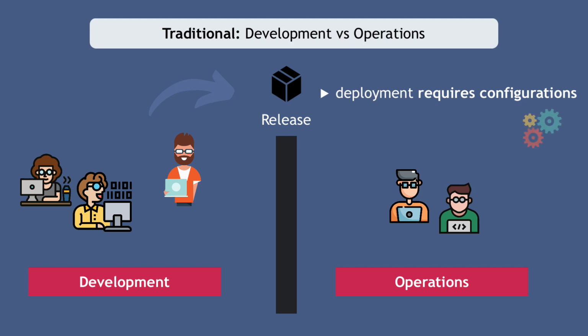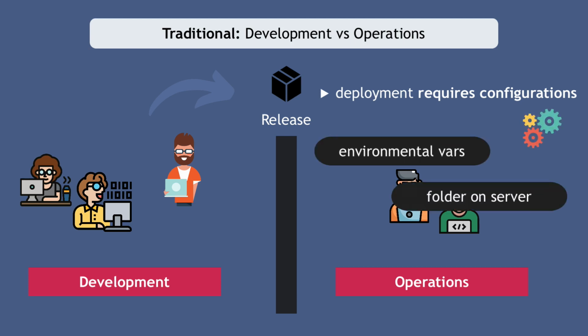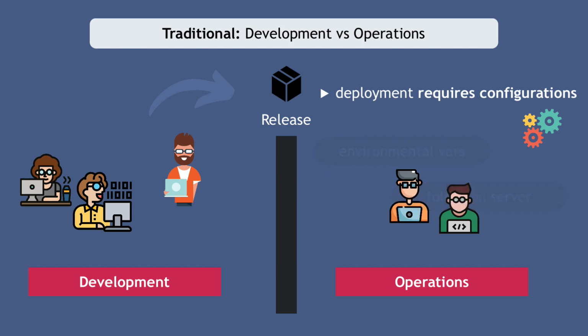For example, it needs some environment variables, it needs a space or a folder on the system to log to. It could be any type of configuration the application needs, or it may need a database, for example, with a certain configuration. So whatever it is, the operations team has to prepare the server and the environment where the application runs before deploying that application.